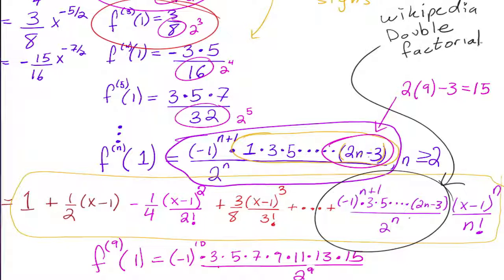And you can see how to write this in closed form using factorials. It just involves writing this a little bit differently. I just don't really want to get into it right now because I think it would confuse more than help.